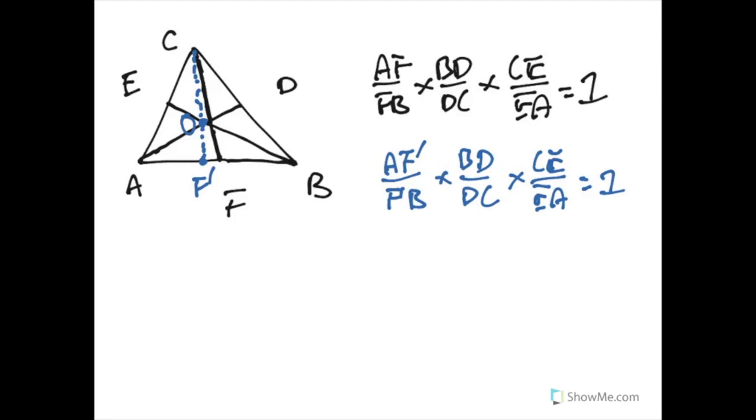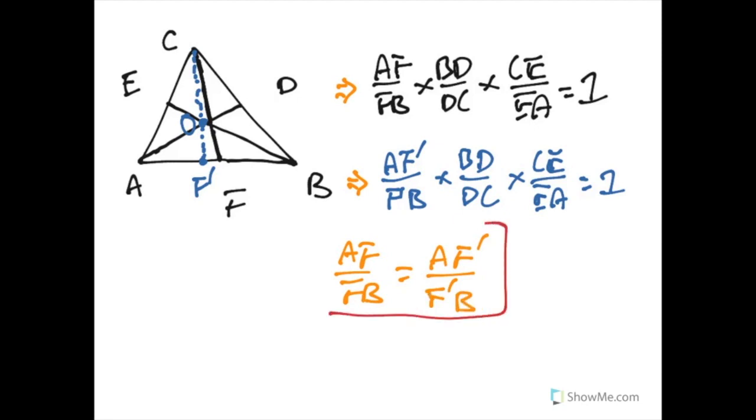And we have proven by other means, or we are given, that this first equation is true. We know by the forward version of Ceva's theorem that the second equation is true, and therefore we can conclude that AF over FB is equal to AF prime over F prime B. Now when you think about this equation carefully, you'll realize that there is only one point between A and B that has this ratio.